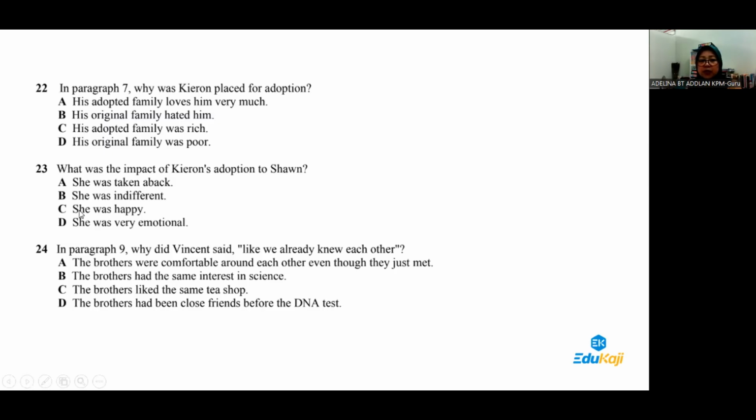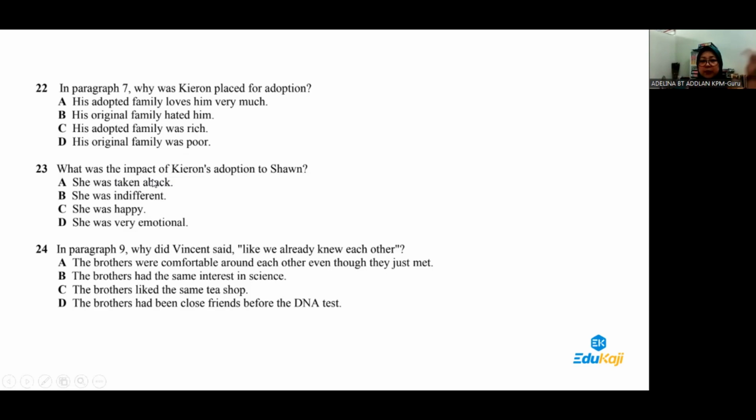Now, when you go into 23, the question has become a little bit more high thinking order, where students are given a situation to identify what will be the impact of Kieran's adoption to Sean.